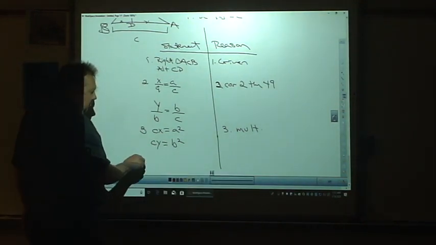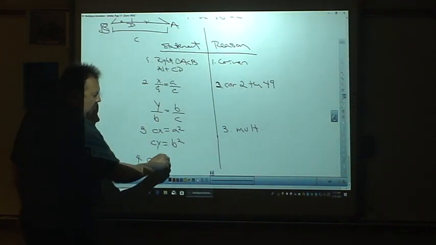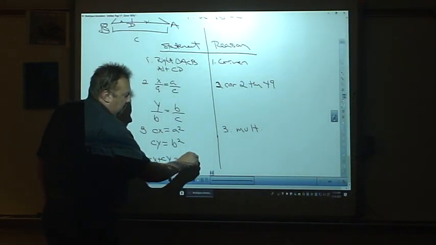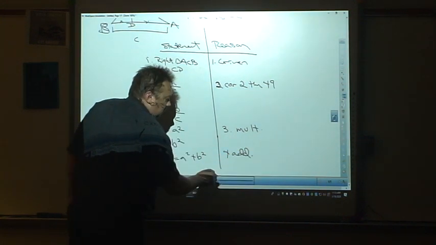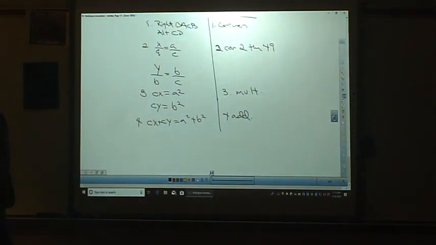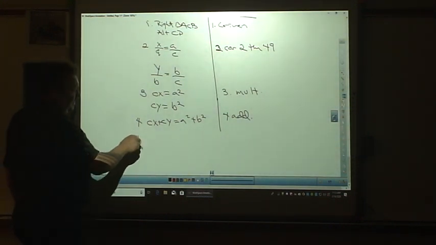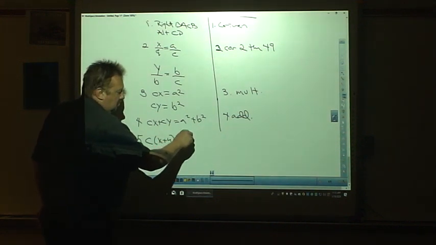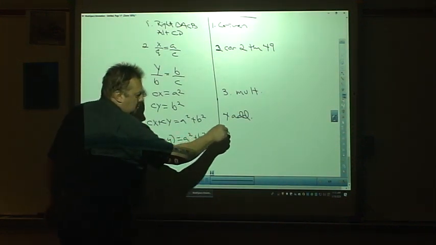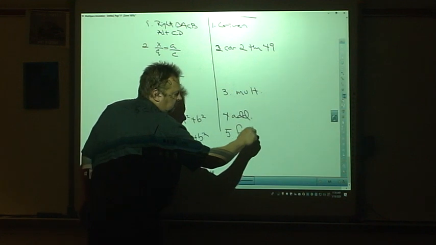Let's combine these two, and we'll get CX plus CY equals A squared plus B squared, addition. You'll notice on the left that I have C in both of those, so I can take out the C. Factoring.